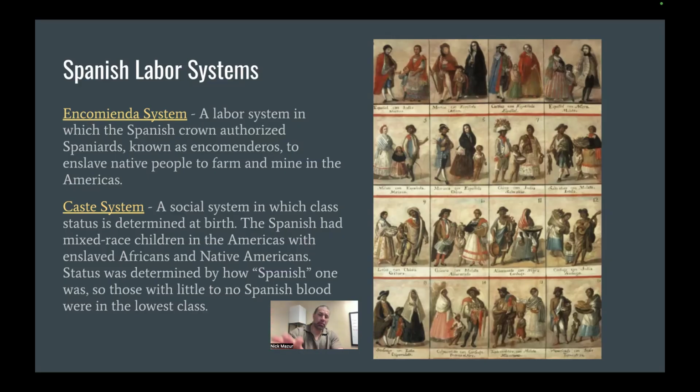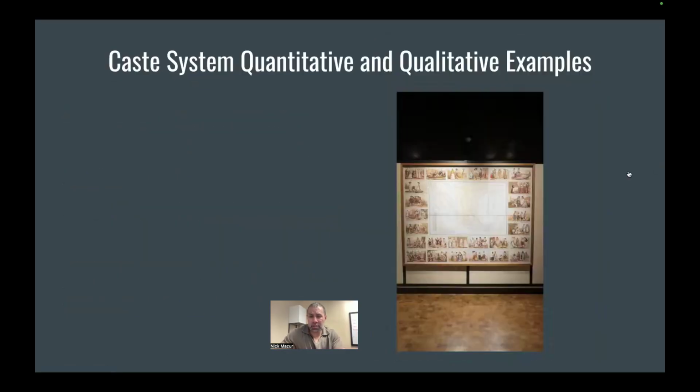And this is basically what you can see there on your right, essentially a physical demarcation that allows people to identify who people are based off of how much Spanish blood they had, and what they did in society, or more to the point, what they could do in society, who they could marry, jobs they could hold, etc. This system, which is interesting, you can actually look at.